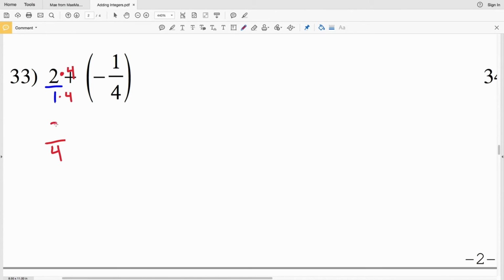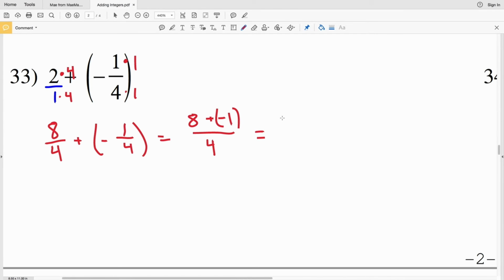So now that's going to give us 8/4. We're adding a negative. To get to 4, we multiply by 1. So we're multiplying the numerator by 1, which is just itself. So we have 8/4 plus a negative 1/4, which is 8 plus a negative 1 over 4. 8 plus a negative 1 is the same thing as 8 minus 1. So this is going to leave us with 7/4.